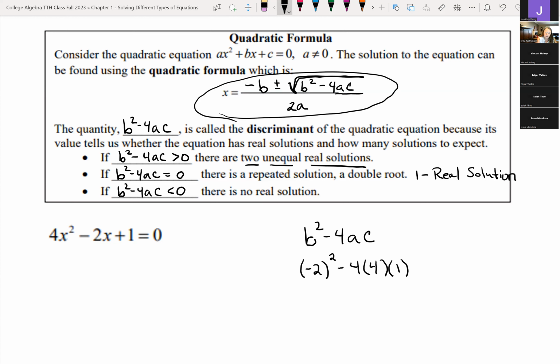So -2 squared is 4, and 4 minus 16 is equal to -12. So the result of our discriminant is a number that is less than 0, and so I know that this has no real solutions.